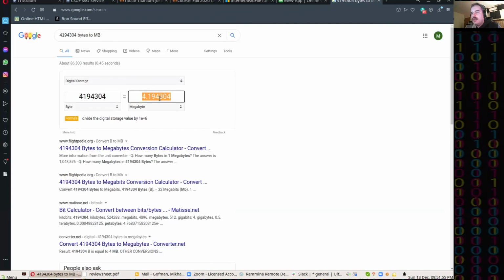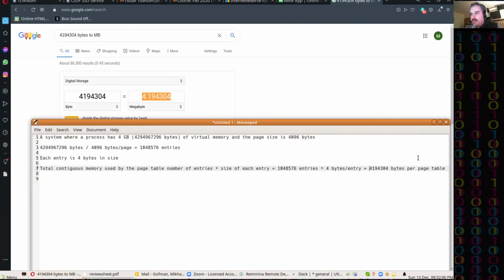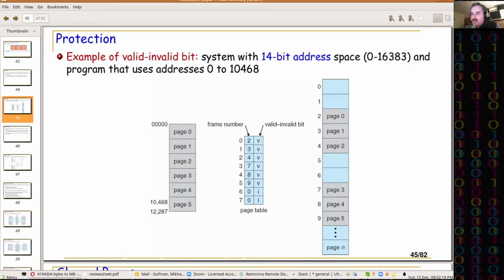It'll require 4 megabytes of contiguous physical memory. That is a lot, okay? The point of this whole calculation is just to show you that traditional page tables require a significant amount of contiguous memory, and once again, it is so we can index into them.